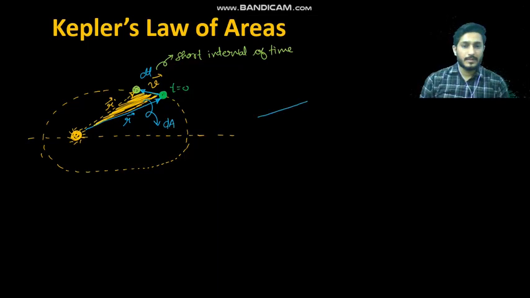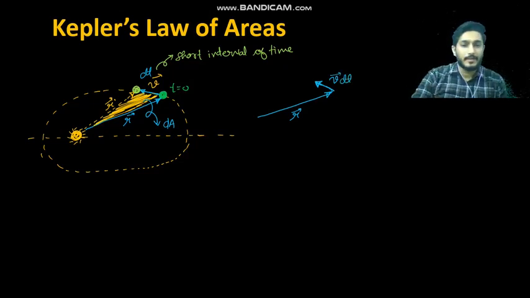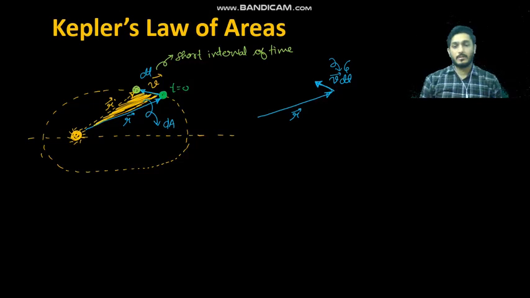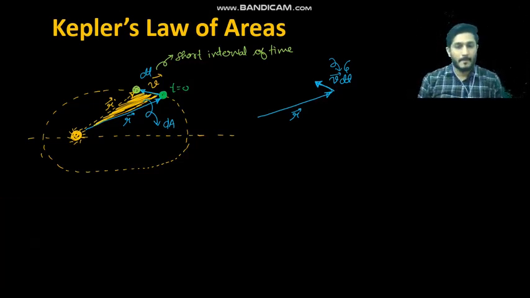So here is the r vector, and there is another short vector. That short vector can be written as v vector dt. It's simple. The length of the vector is equal to speed times time. So this is the magnitude of the shorter vector.